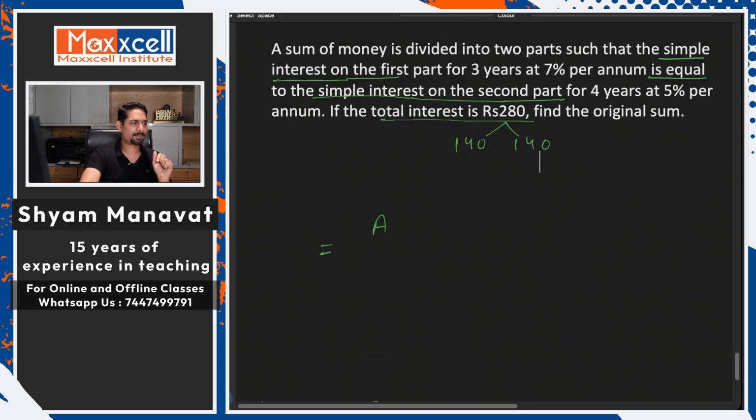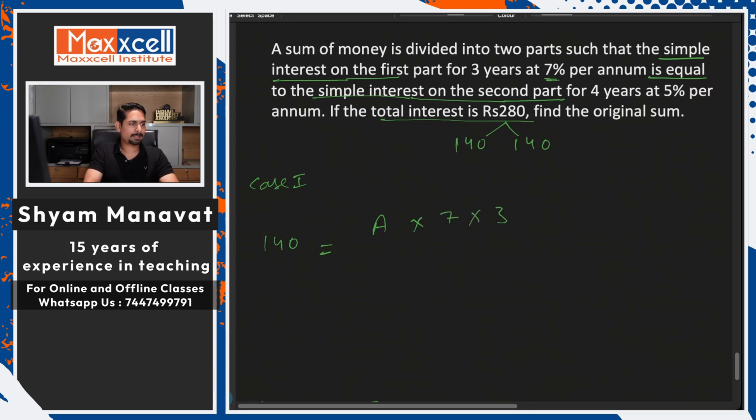Okay, good. So let's take case 1. The simple interest, which is 140, equal to A, which is the first part principal I assumed. Rate of interest in the first case is 7%.